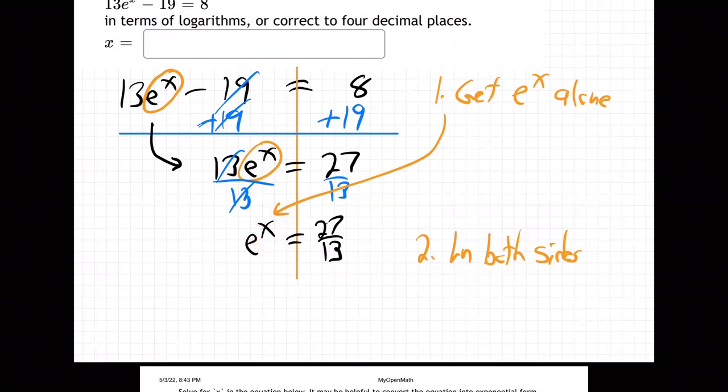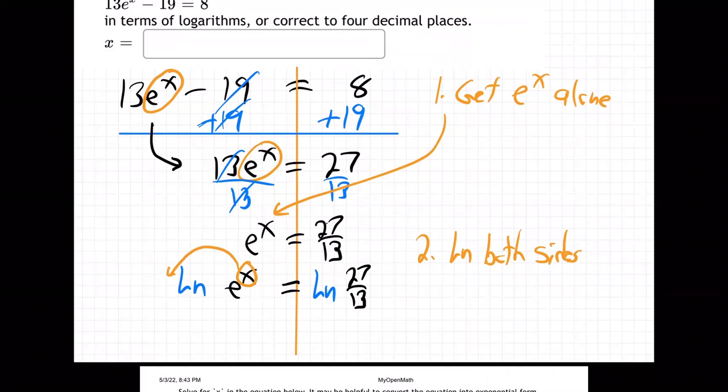All right, so ln on both sides, like that. Okay, so I did ln on both sides. Now, what does that accomplish? Well, that allows this x power to drop down to the front.